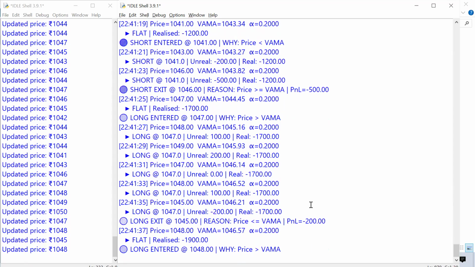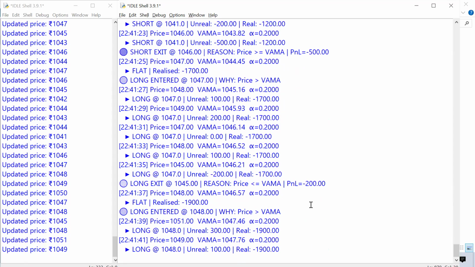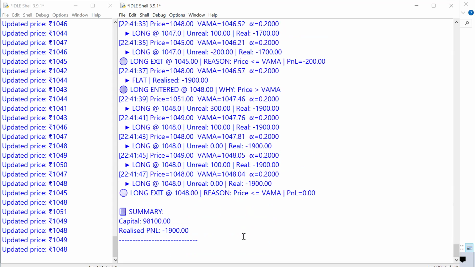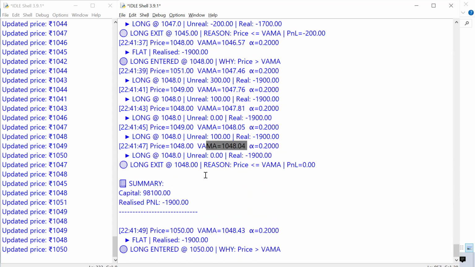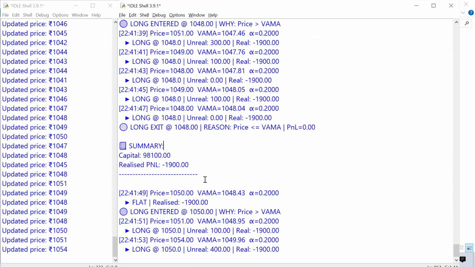We got a long position at 1045. You can see the VAMA value. Till the value remains above VAMA, we will keep running this.